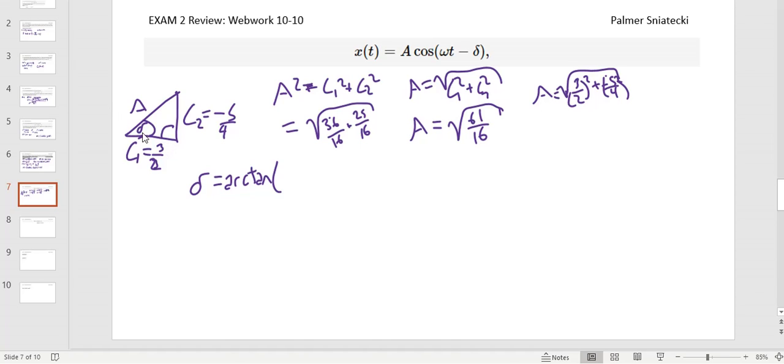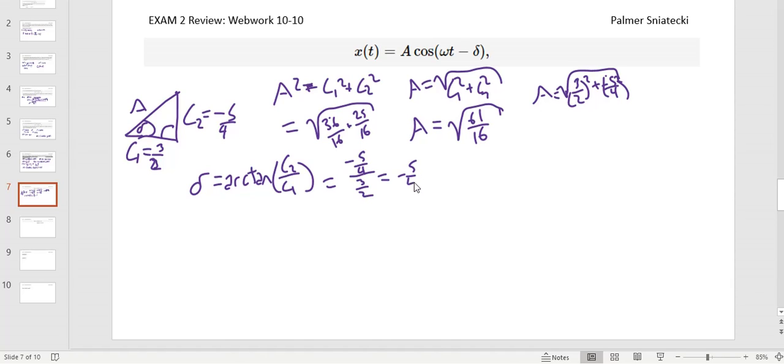If you're doing this in your calculator too, remember to have it set to radians as opposed to degrees. So it's going to be taking the opposite over the adjacent here for this arctan. So it's going to be C2 divided by C1.